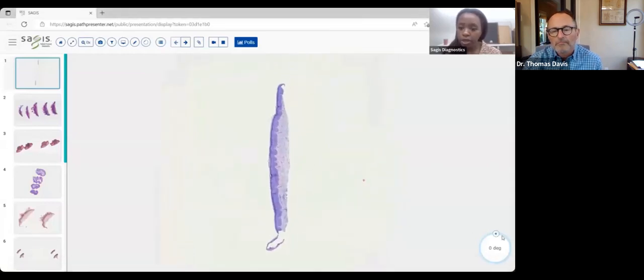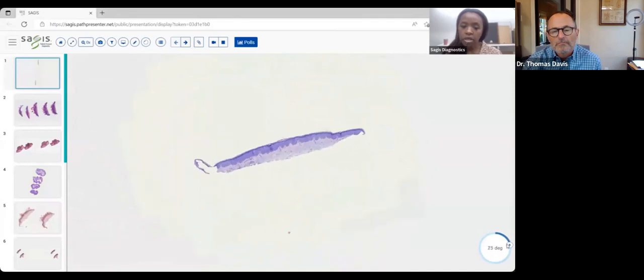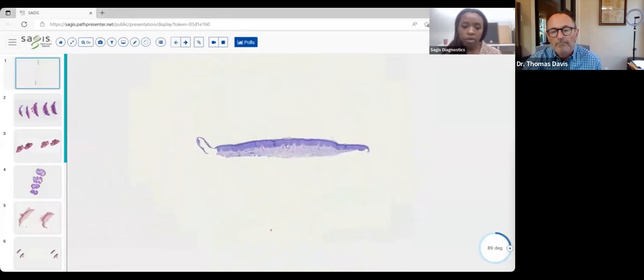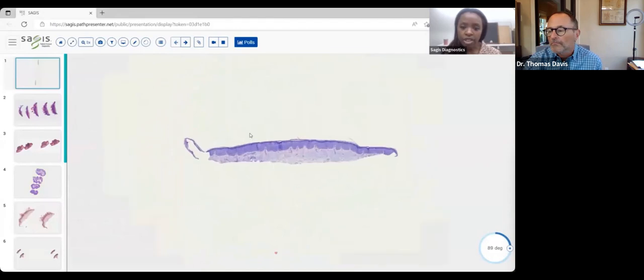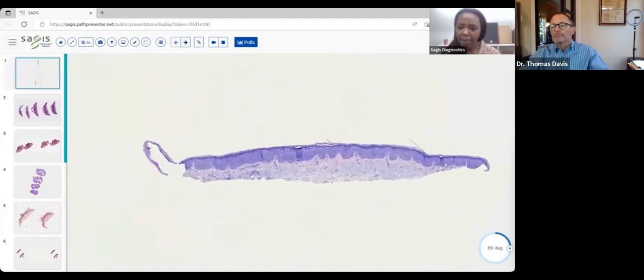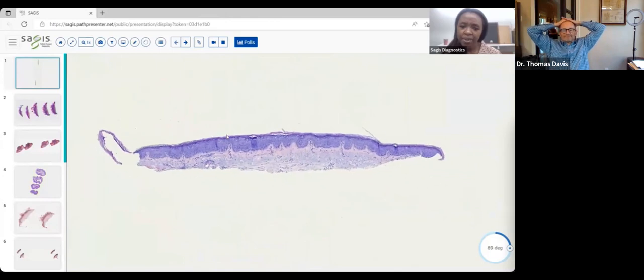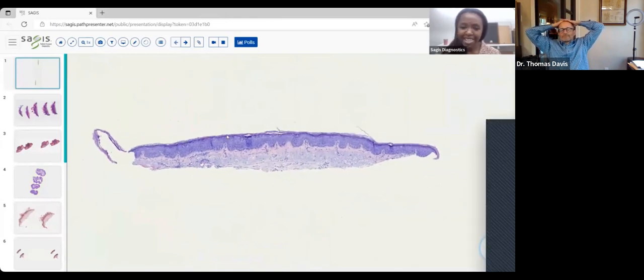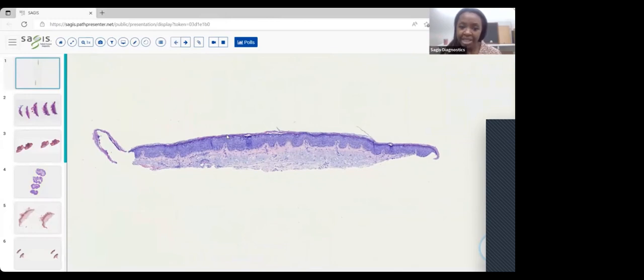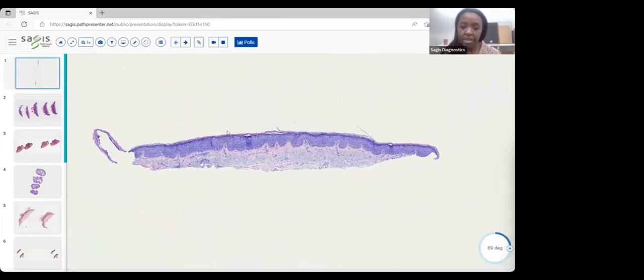I'm going to reorient here. With this first case, what we appreciate is a slightly raised papule on the skin. Looking at low power, I like that exercise of looking at each layer of the skin. Starting with the stratum corneum, we appreciate this basket weave stratum corneum.